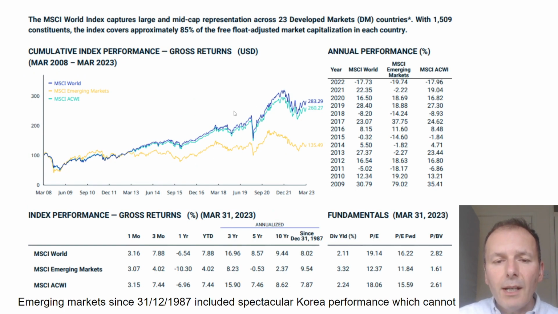But the thing is, when you're looking at whether to have emerging markets or not, since 2009, emerging markets have quite dramatically underperformed. But if we look at the data here, it says since the end of 1987, they've actually outperformed. However, in the 90s and early 2000s, there was some spectacular growth in Korea, which can't really be replicated.